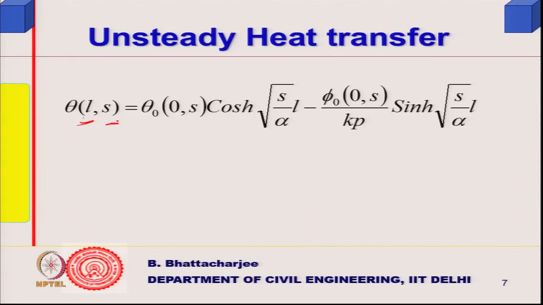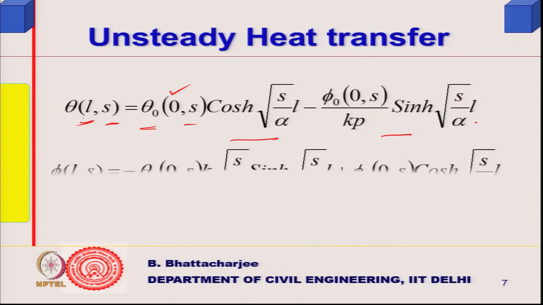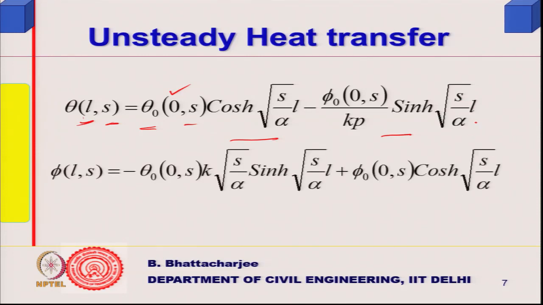So theta L s is equal to at x equals 0 s, and similarly sin s L, this is what we got. And for phi I can write it like this: at any distance L, replacing x by L in both the cases, and this is coming because p was there, kp alpha, so replace p by s by alpha, this is what I get.